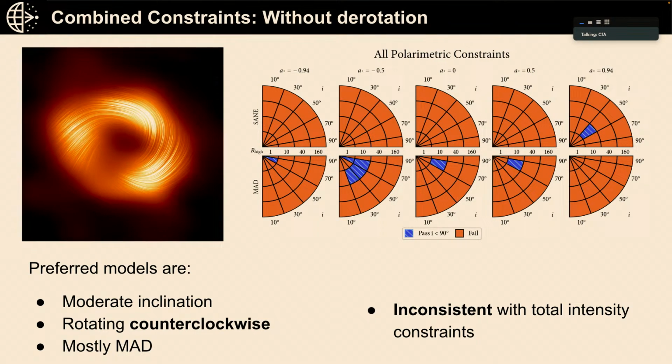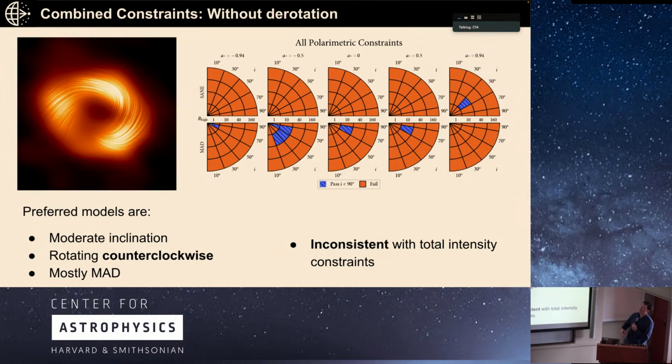And otherwise, the story is very much the same as what I showed you earlier. So moderate inclinations, mostly MAD models. But importantly, if we make this choice, there's no model that survives here that is also consistent with our total intensity constraints from our 2022 paper. So if we do this, we have ruled out all of the models.